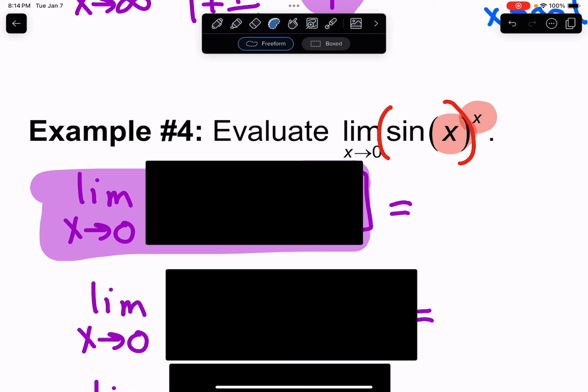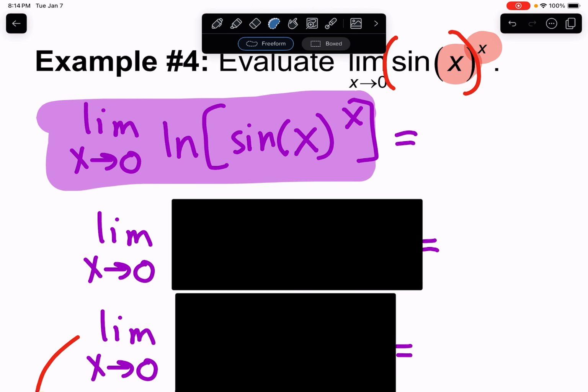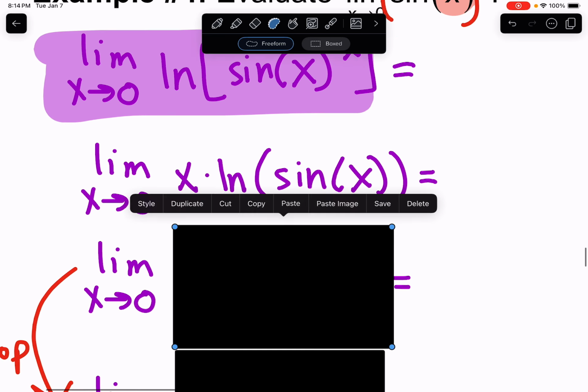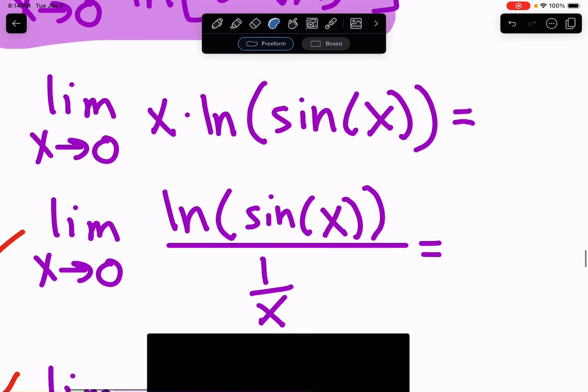So instead of trying to tackle this limit, I am going to do natural log of (sine of x) to the x power, which allows me to use my log property that brings the x down in front. And just like last time, I can rewrite that x as 1 over x in my denominator, and now I have a quotient. And so let's see if L'Hopital's rule would apply here.